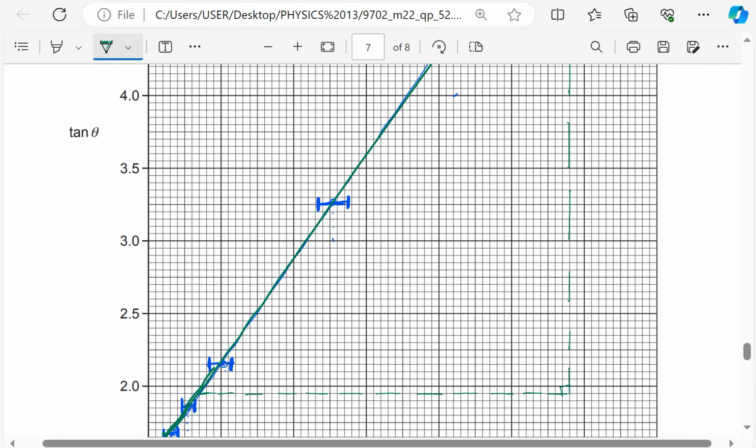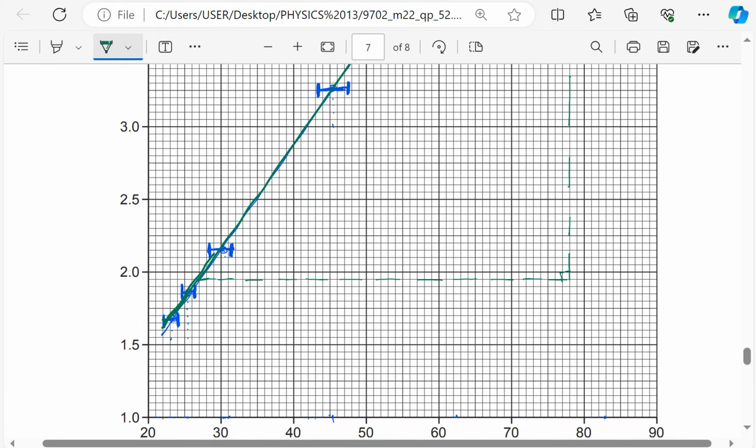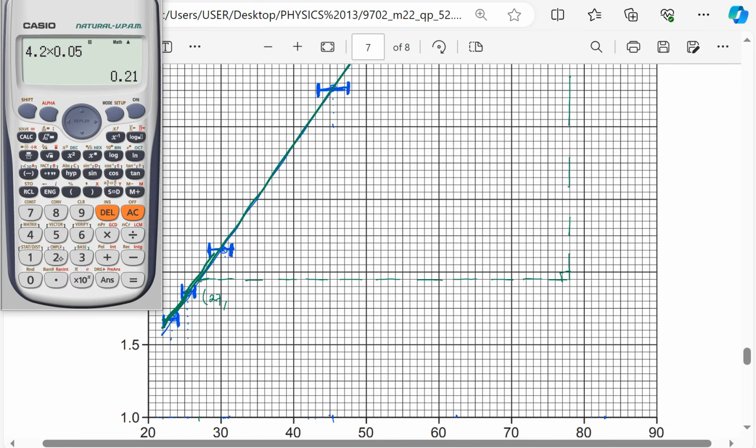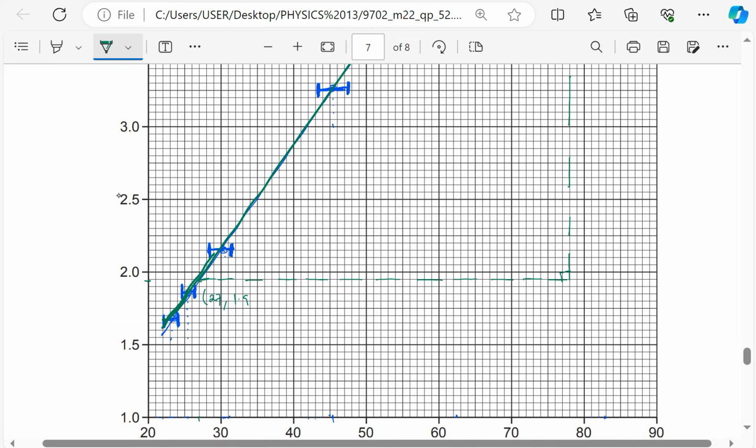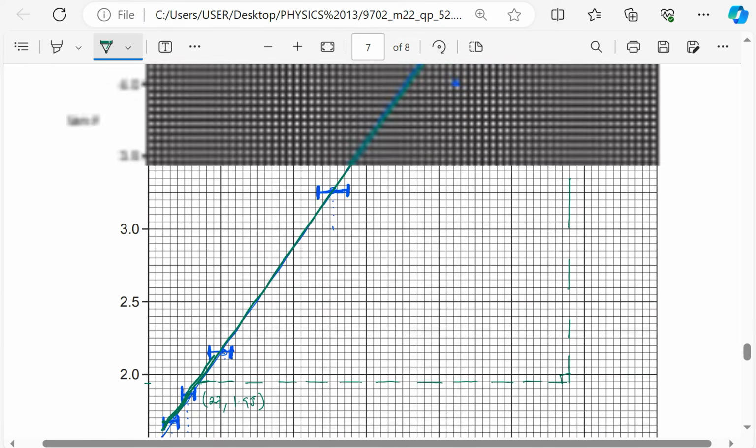Okay, so the points here it is going to be the same point. So this is 27. So I have 27 on the x-axis against this, which is one small box. So I will subtract 2 minus 0.05, which is 1.95. It is the same for both lines.